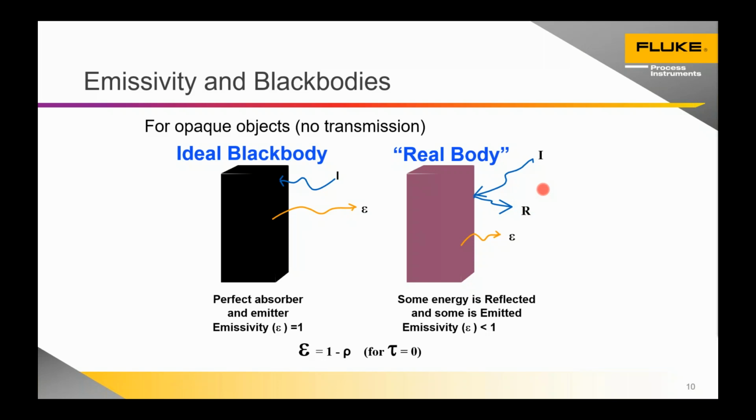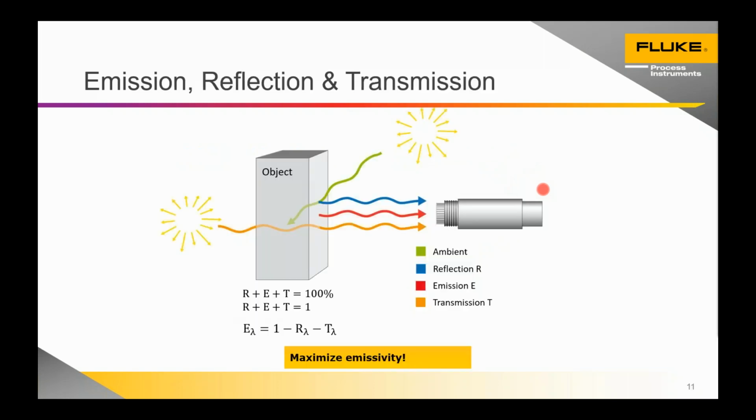But we also know a lot about emissivity based on materials testing and data that's been gathered over the years, and also with our own experience. If you then add transmission into the mix, we've got reflected energy, we've got emitted energy, and we've also got potentially transmitted energy.